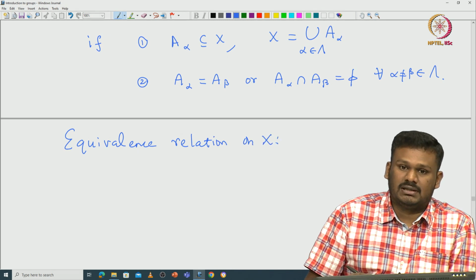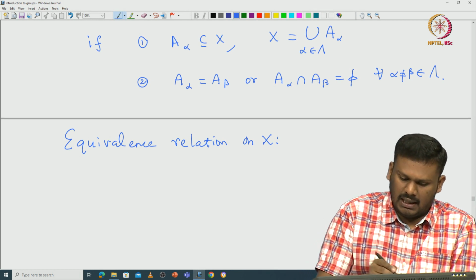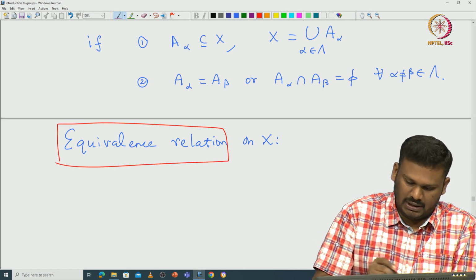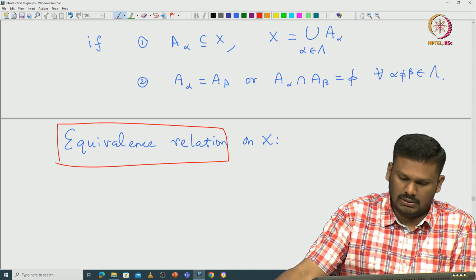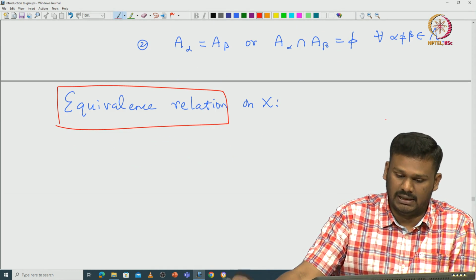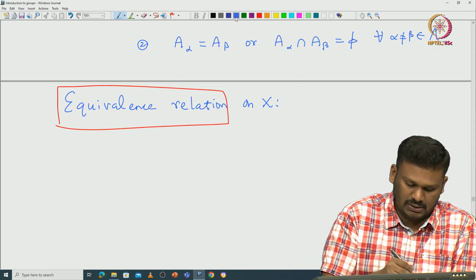Again we fix this capital X, and then we want to define an equivalence relation on capital X. Generally we write a relation as tilde, so let us fix that notation.